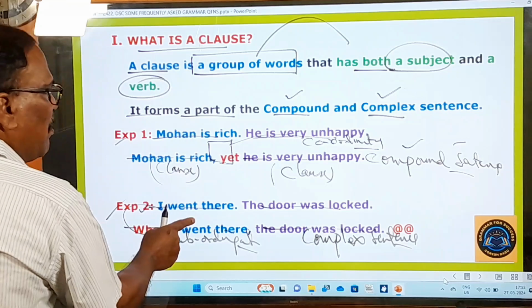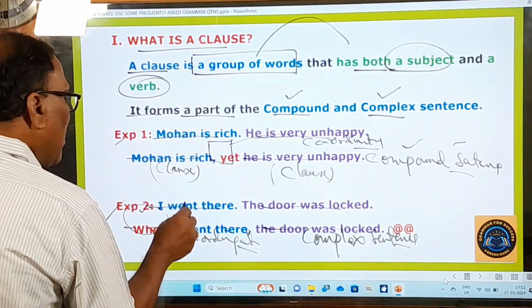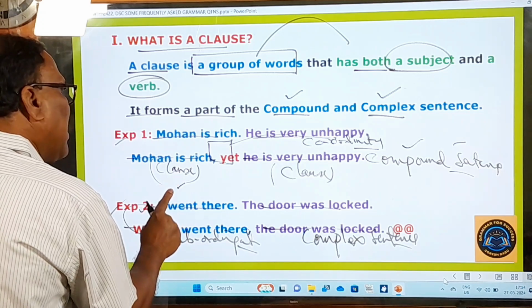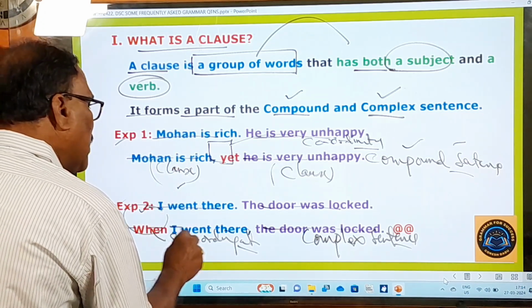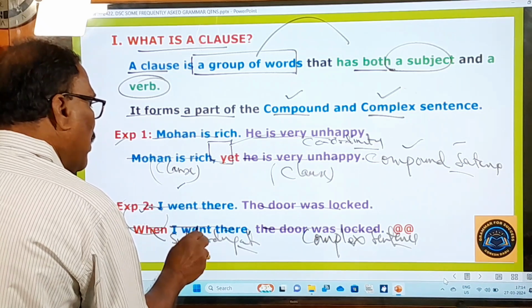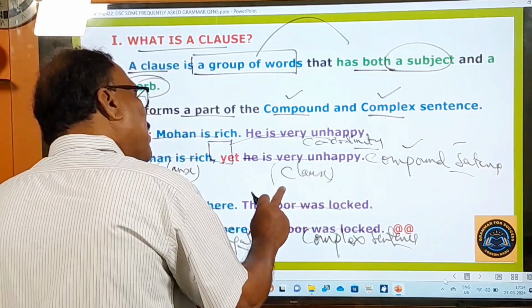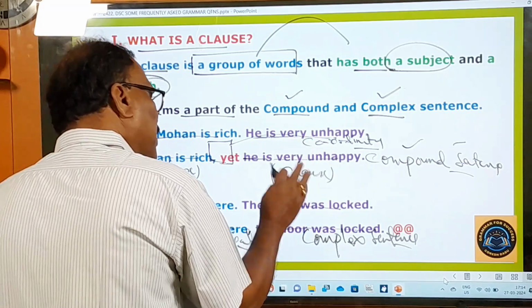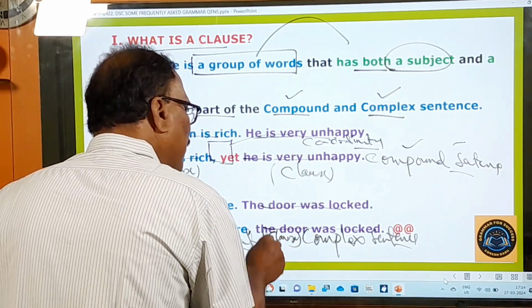From these two examples you can now understand what a clause is. "I went there" was a separate and simple sentence earlier, but now it is not a separate and simple sentence, it is now a clause. And "the door was locked" was earlier a simple and separate sentence, but it's no longer a separate and simple sentence, it's now a clause.